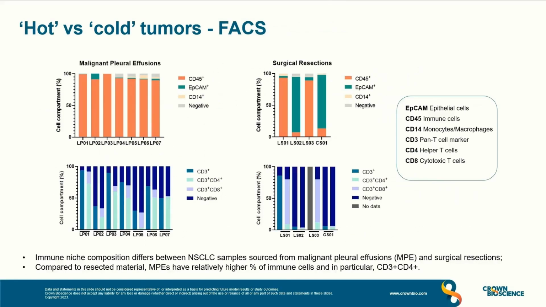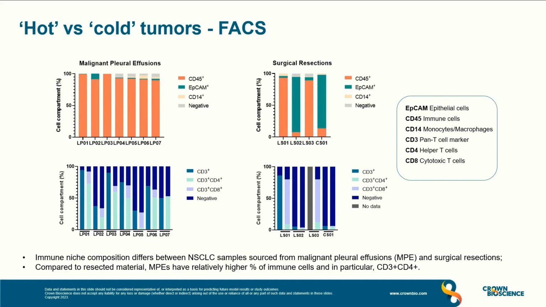Another example from our own data showing differences in the immune TME composition between different samples of the same indication, non-small cell lung cancer. We analyzed the composition of malignant pleural effusions and surgical resections of several patients by FACS and found that compared to resected material, malignant pleural effusions had a relatively higher percentage of immune cells and in particular CD3, CD4 positive.